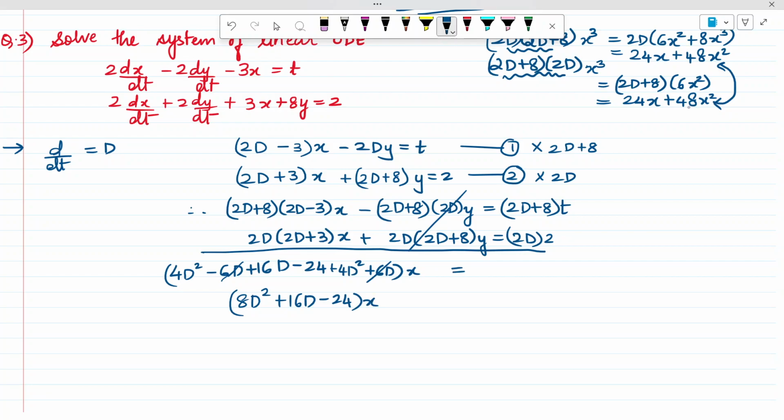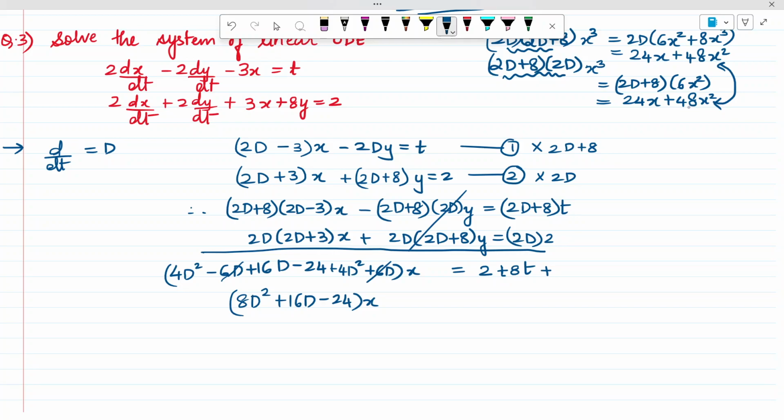On the right hand side, we have 2D plus 8 applicable to t. So 2 times the derivative of t. Derivative of t will be 1 because capital D is d by dt. You're taking derivative with respect to t itself. So that will leave us 2 and 8t as it is. Okay. The right hand side of the second one, we're adding the two equations, right?